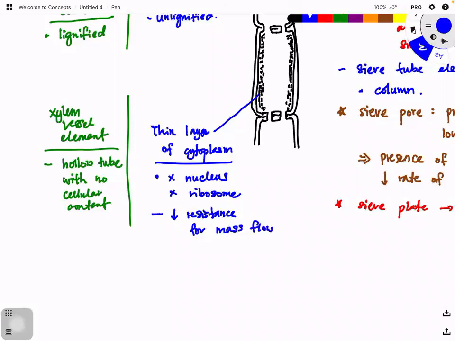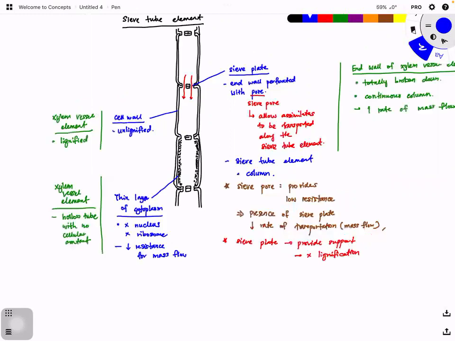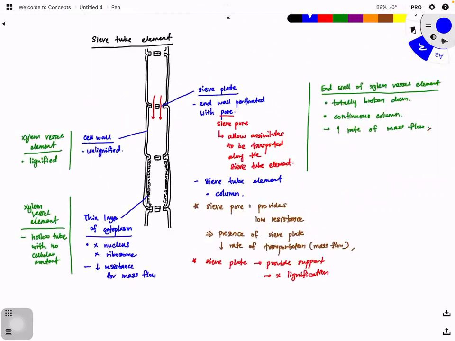Okay, you compare these three structures. Clear or not? Okay, you can take a photo. Compare between the sieve tube elements and the xylem vessel element.